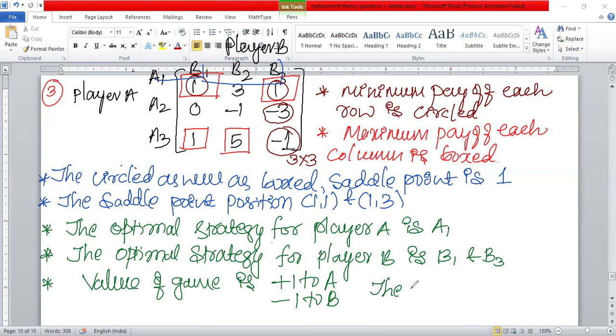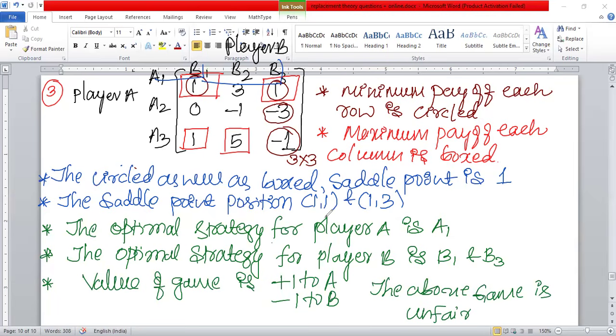Finally, the above game is unfair. The speciality of this problem is that we got two positions with circle as well as box.